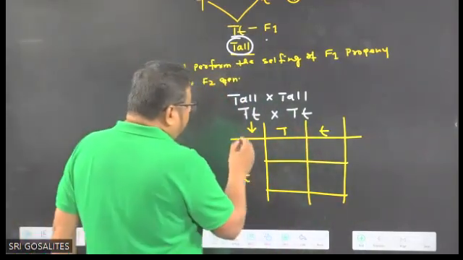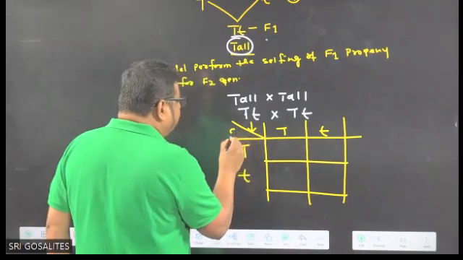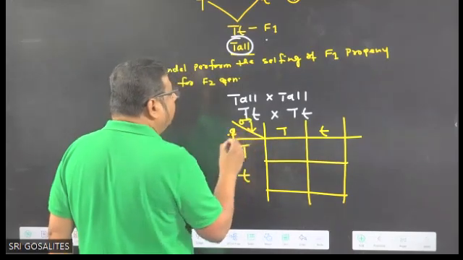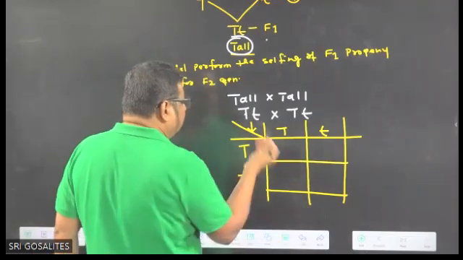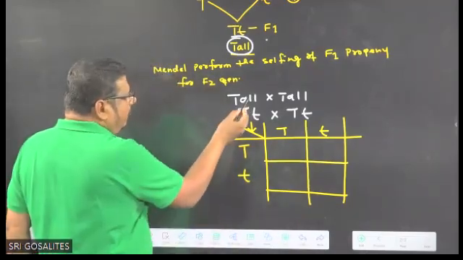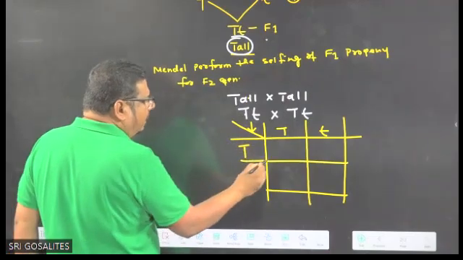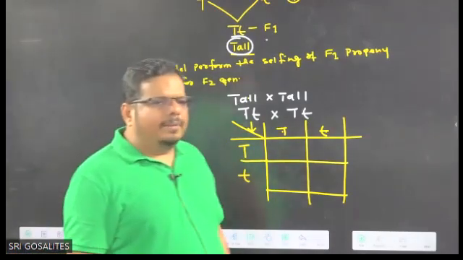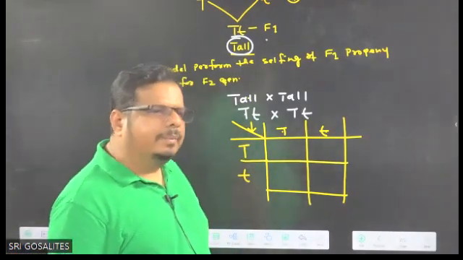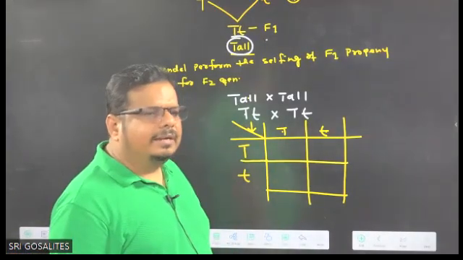So here assume it is female gamete, here it is male gamete. Or no need to say male and female even. Why confuse? So from one parent, these two gametes, from another parent, these two gametes. Two gametes possible from both the parents. Is it clear? Is it all right in the mind?